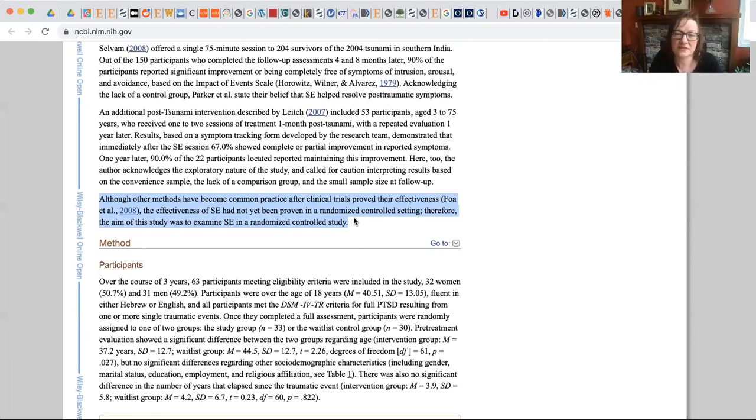And so what I could say is that the effectiveness of trembling has not yet been explored in a randomized controlled setting, right? And so the purpose of this study is to do a randomized controlled trial of the effectiveness of trembling on, and then I have to think, well, what is my outcome?